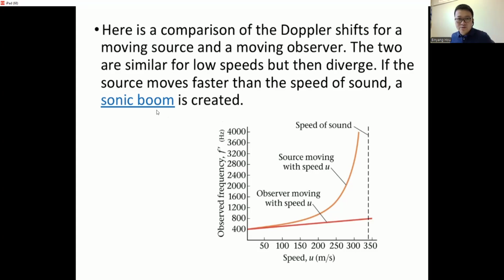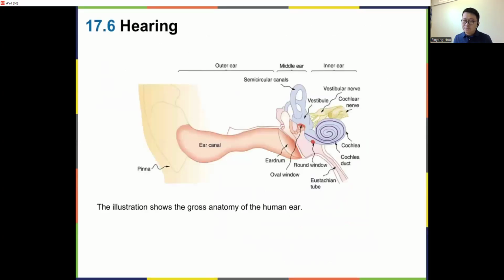There's a video under this link here. You are welcome to click on that and watch the video. It's pretty interesting. So when that happens, you create a sonic boom and make a very loud noise, not for the source, but for the observer nearby. All right, and the next section talks about the hearing mechanisms.